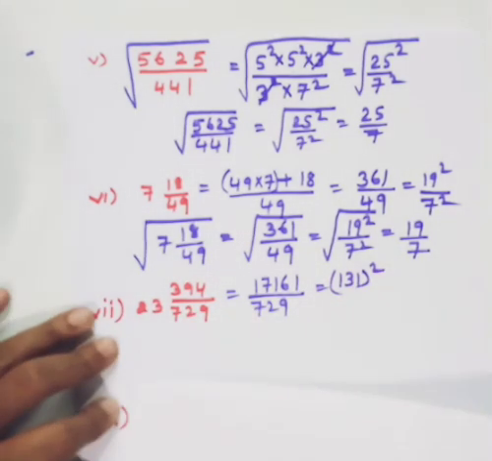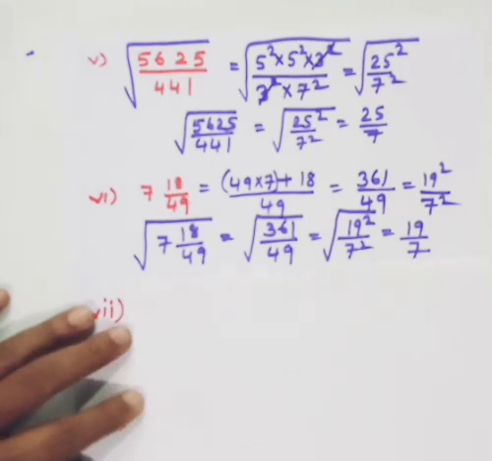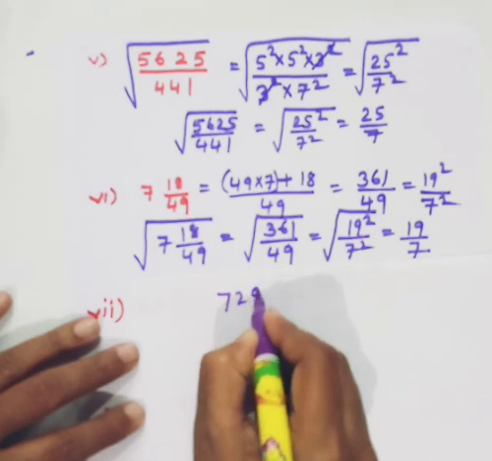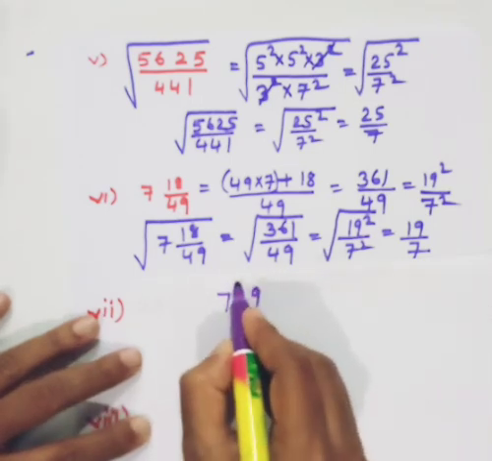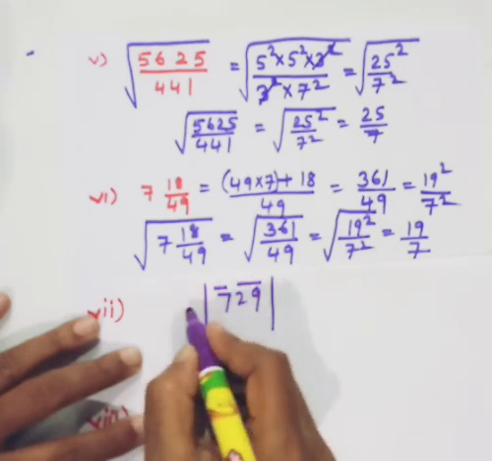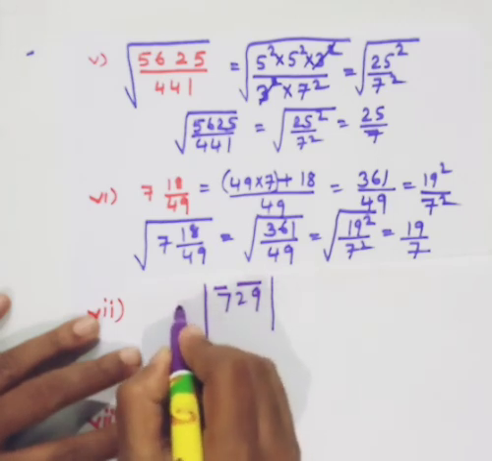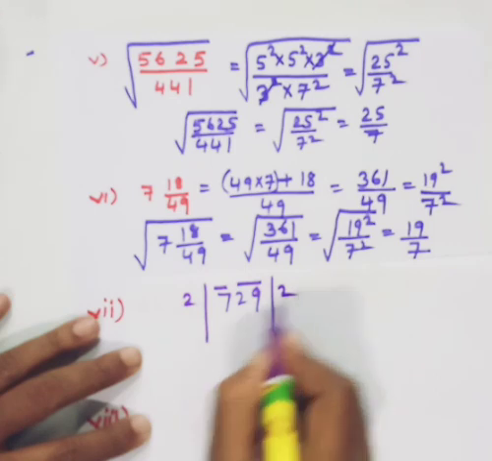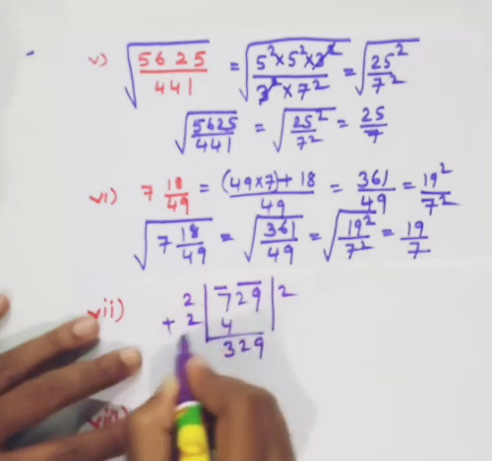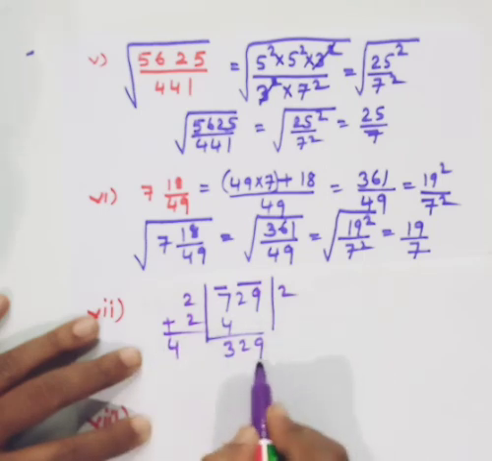Now you are left with 729. Let us see what is the square root of 729. You can go for the division process also. See, this will be 2 twos are 4 because 3 threes are 9 will not go. 2 twos are 4, 3 left. Bring down 29 plus 2, 4 here. See here 3.